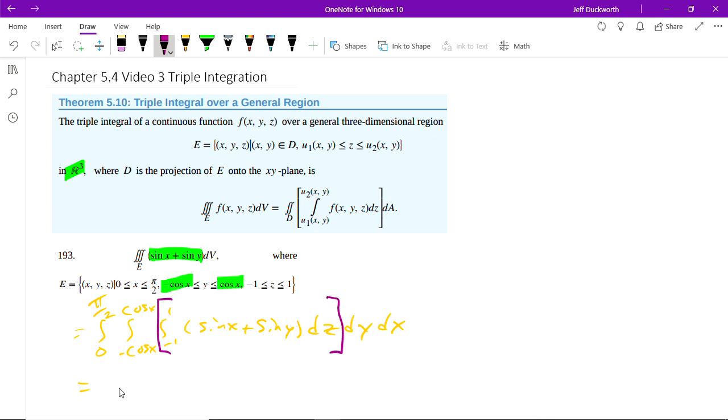Again, nothing here has any z involved. So this is really just sine x plus sine y times z, but that's a constant, so I can just do this.